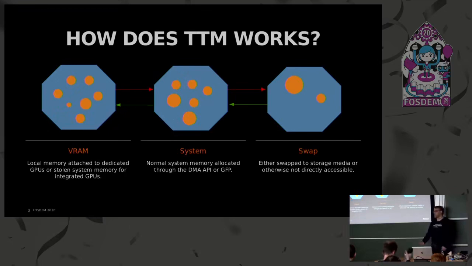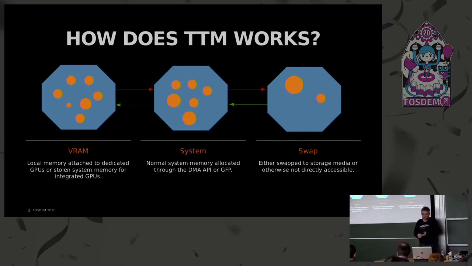Then you got the system domain, which is system memory which is mapped or available to the GPU, or accessible to the GPU. So the GPU can directly write over a PCIe DMA to the buffer objects in the system domain. And the last thing is the swap domain.